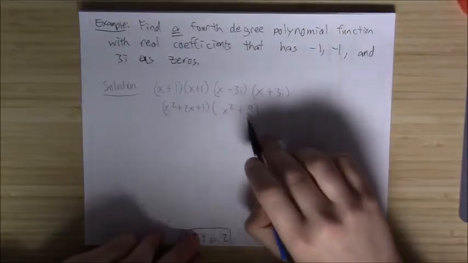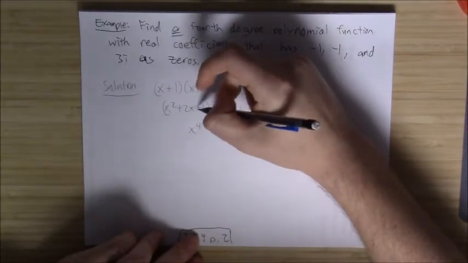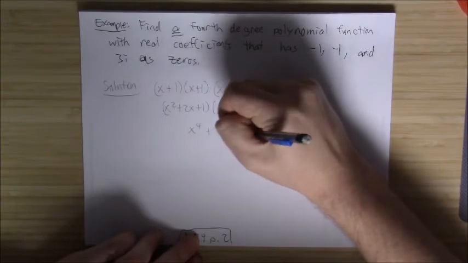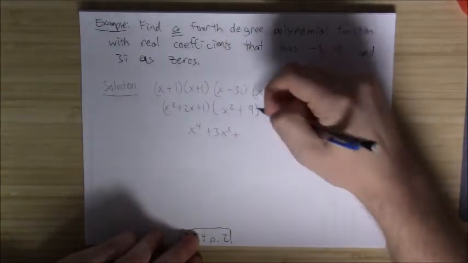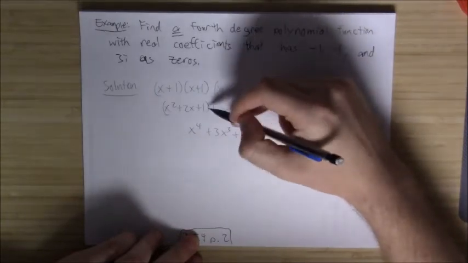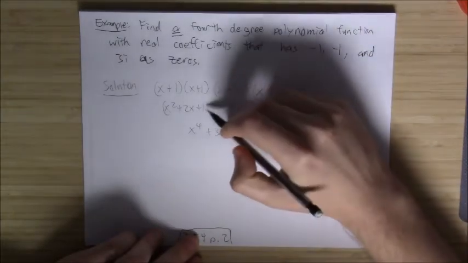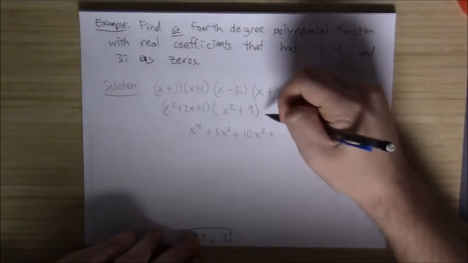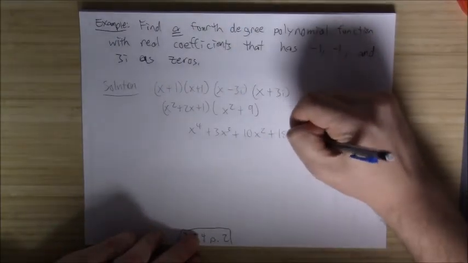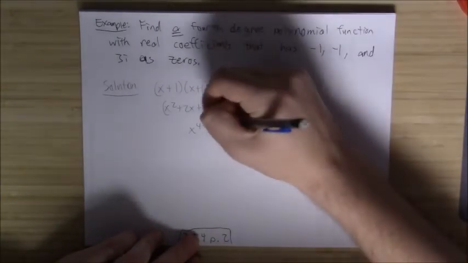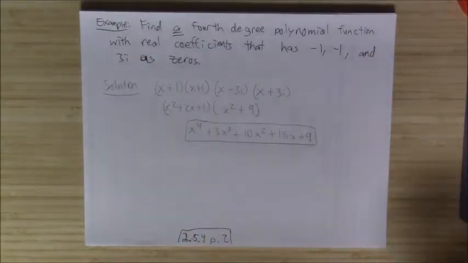Here, if we put these two together, then we would have x to the fourth plus 3x cubed plus 9x squared, and 1x squared would be 10x squared, plus 9, and you would have 9 and 2 is 18x, and then plus 9. So that should be the polynomial.